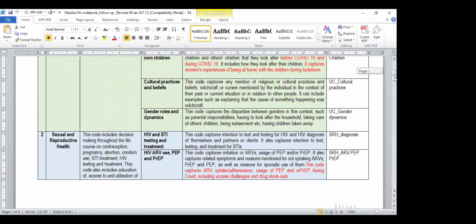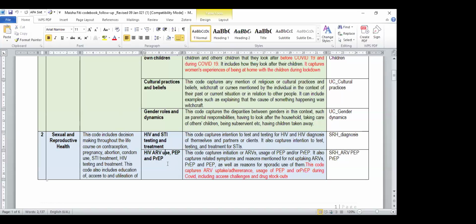Then you have another major theme, and the second theme would be sexual and reproductive health. Based on this, you could have a sub-theme looking at HIV and STI testing and treatment.